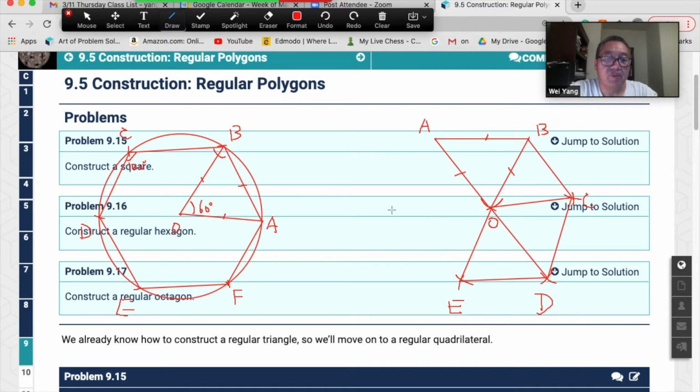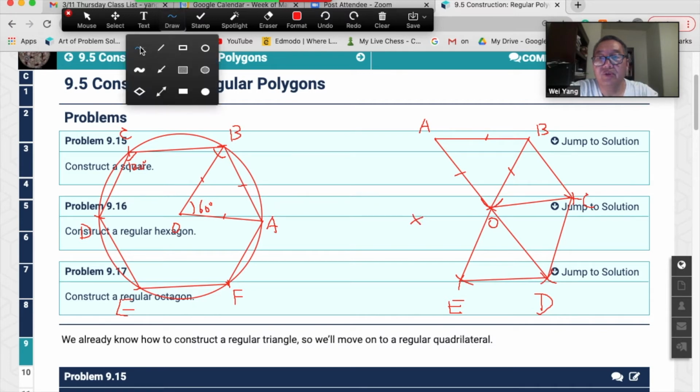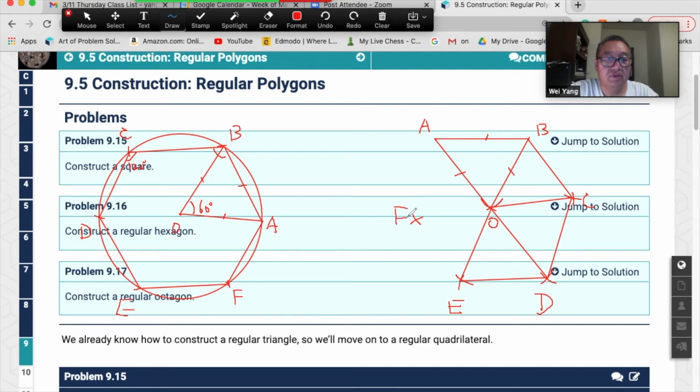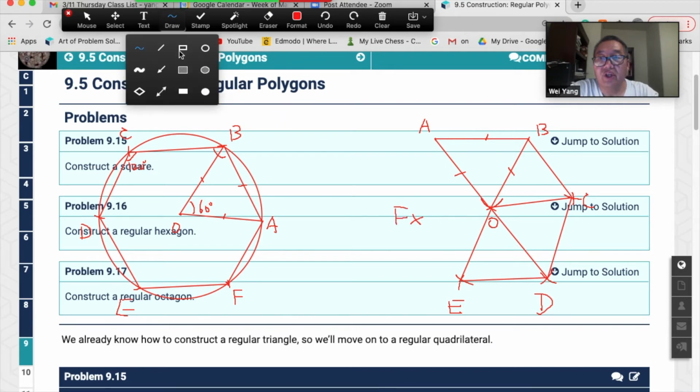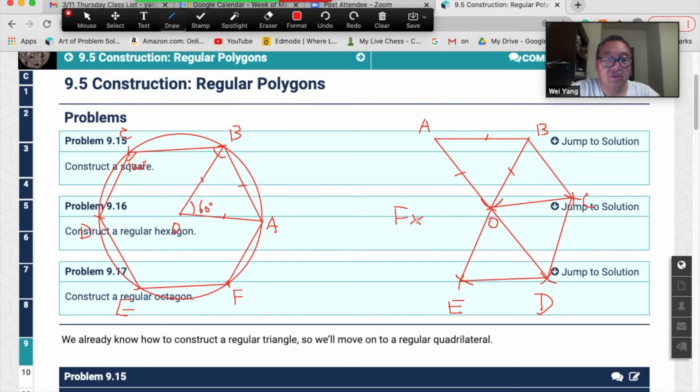Then you start from here and draw another arc, suppose here. Then you got this point, suppose that's called F. Then you connect OF, EF, and AF. Then you got this regular hexagon, A, B, C, D, E, F.